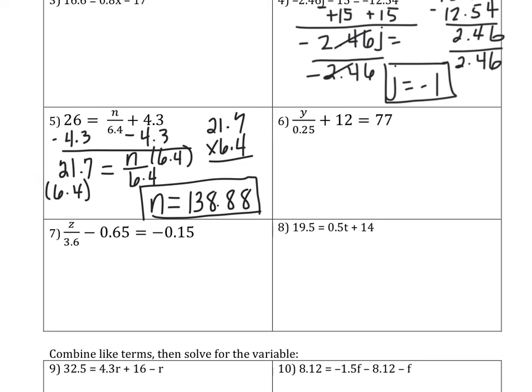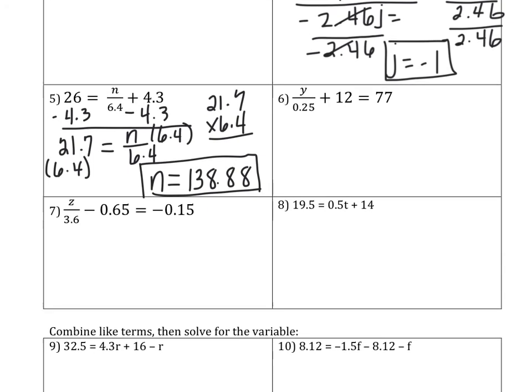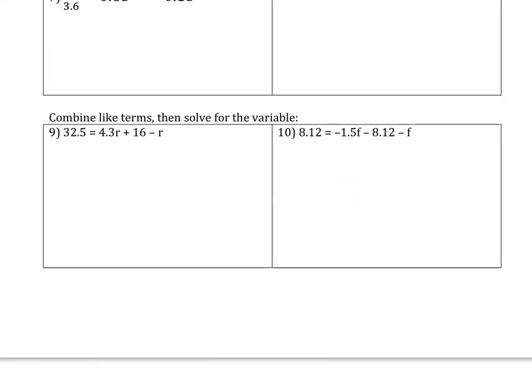Okay, now we're going to take a look at number 9. And again, combine like terms, then solve for the variable. And so on this one, you're going to see that you're going to have 4.3 r's here. You're going to have another r here.